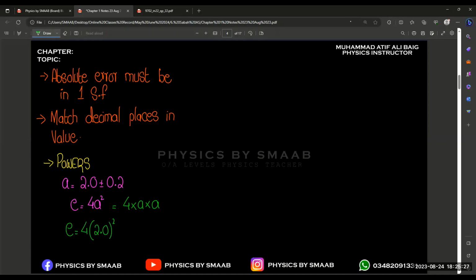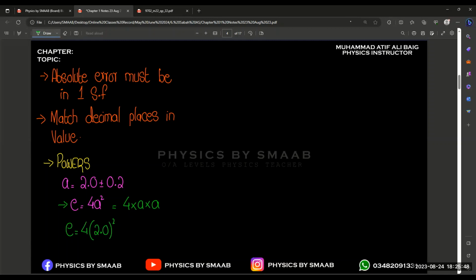Yes, because that is the formula, and that is the given situation. Whatever situation they tell us, we adjust ourselves for that. A might be anything. Let's suppose A is acceleration, and E is a new unknown quantity which is equal to 4 times acceleration square.